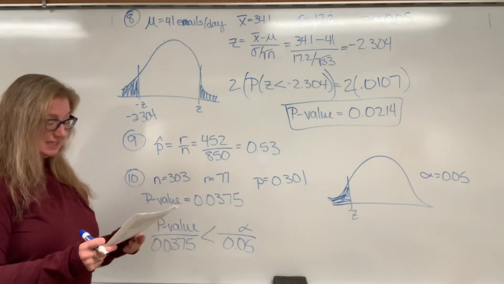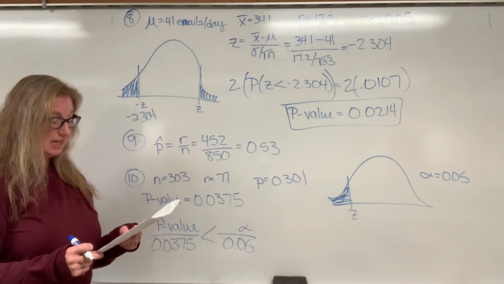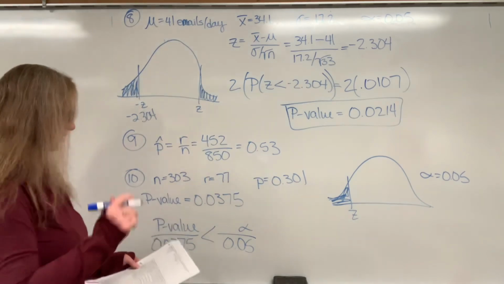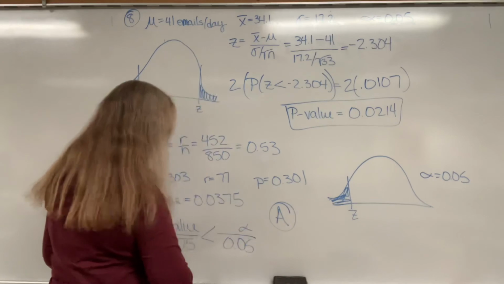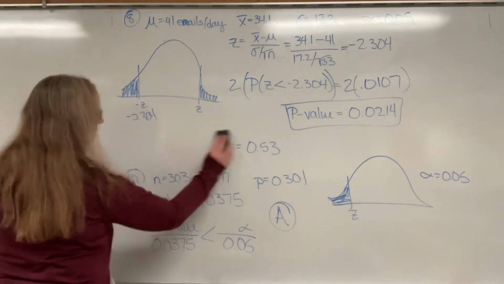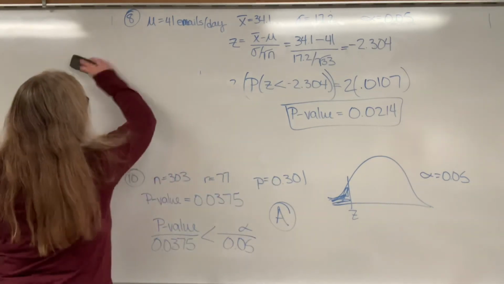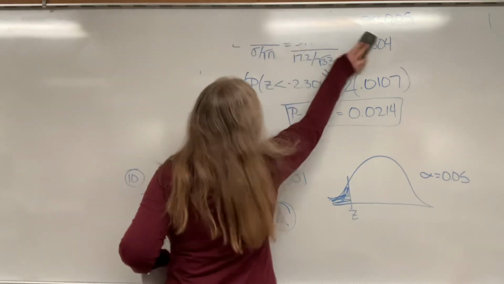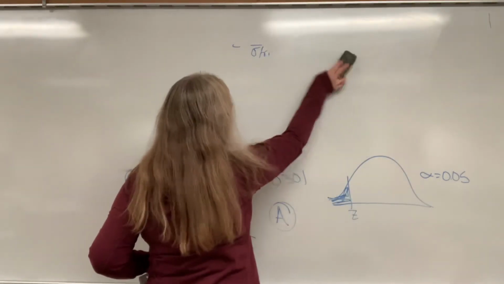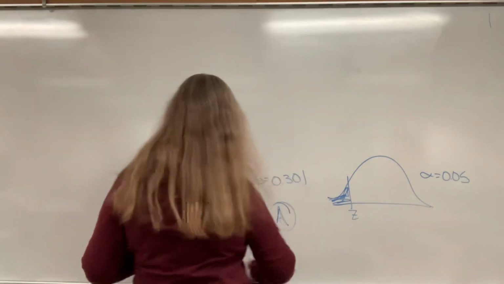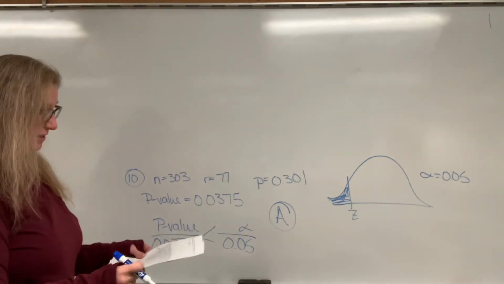It's statistically significant, and I reject the null hypothesis. So that's answer A on this practice exam. You will reject the null hypothesis because the data are statistically significant. That means something significant has changed. So yes, it did make a difference.